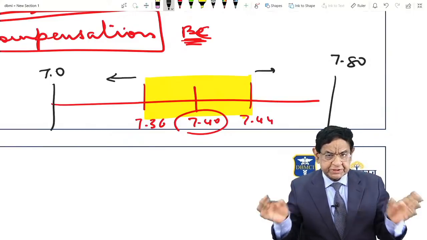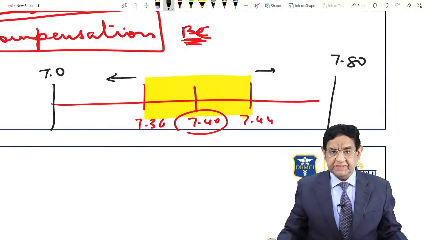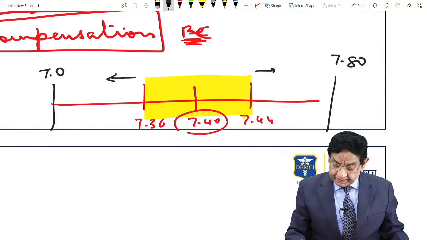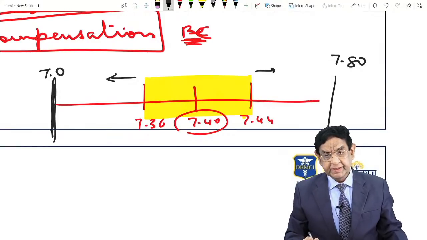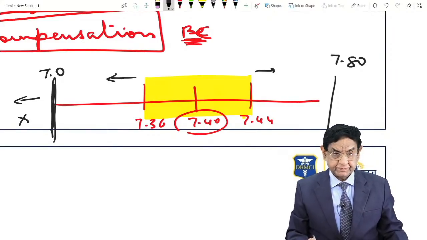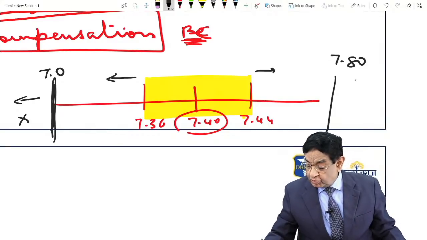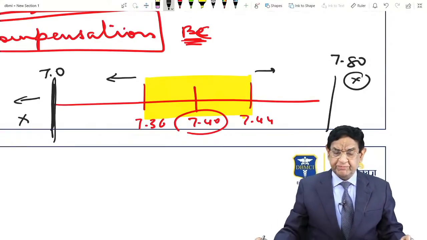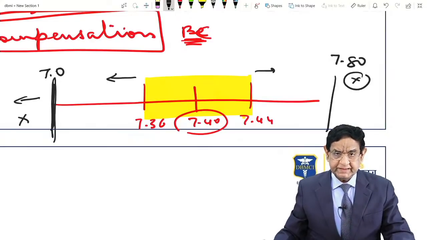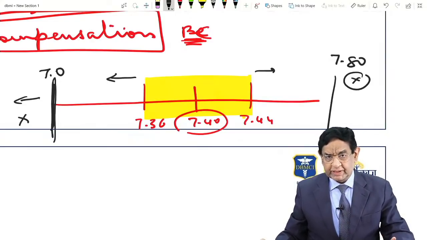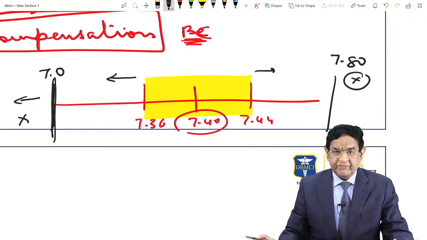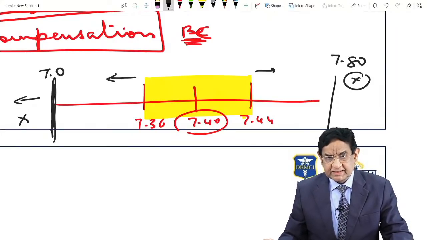But by and large, the body can survive down to 7. If it goes below 7, usually life is not compatible. Similarly, if the pH goes above 7.70 or 7.80, life is not compatible. The patient dies. So you can say the yellow color is the area where life is very comfortable, and either way life is disturbed.